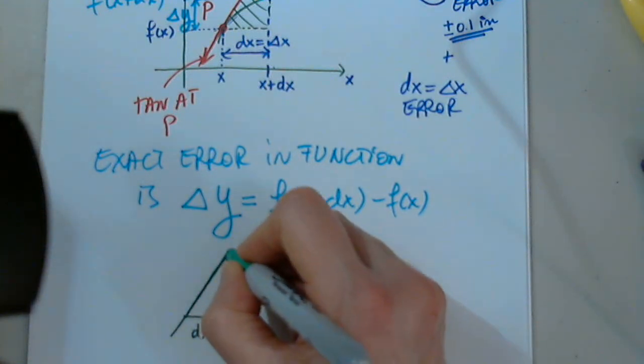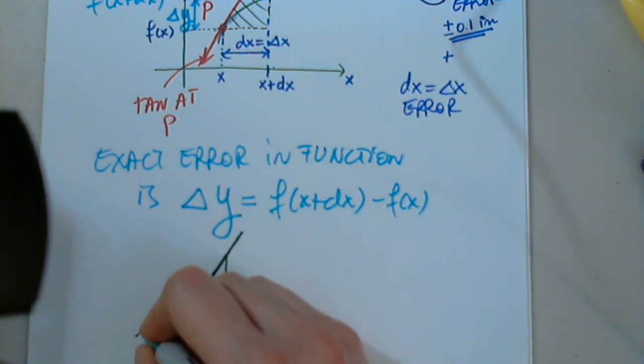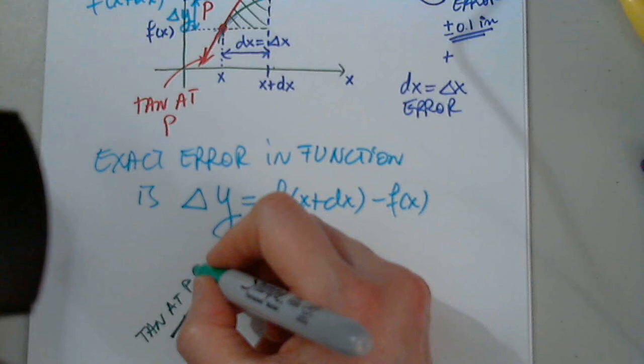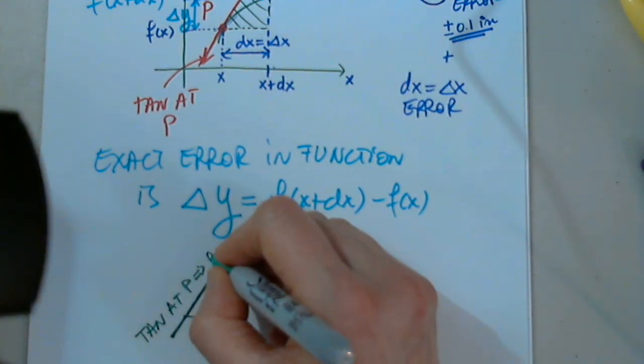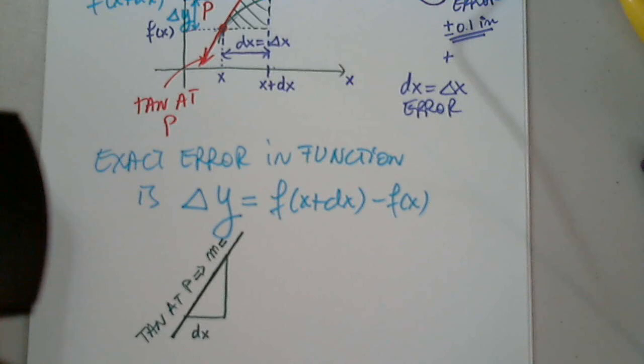This is the tangent line. This is the tangent at P. I know that it has a slope. The slope of this line is... Can anyone give us the slope of that line, from what we learned in this course so far?